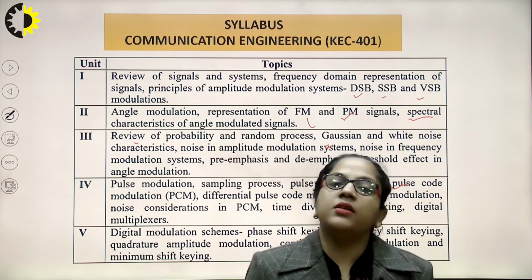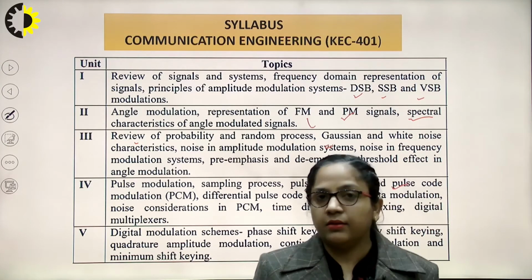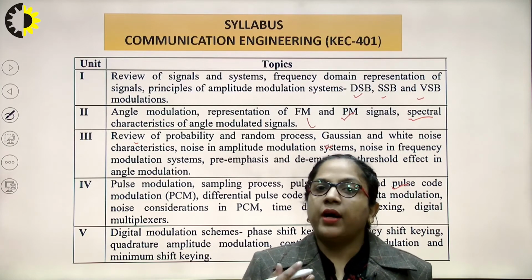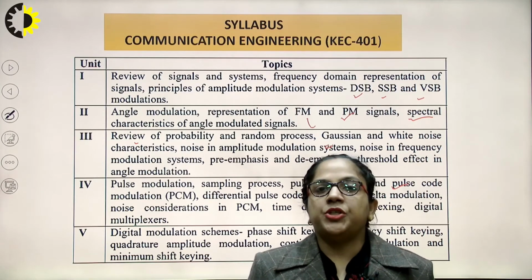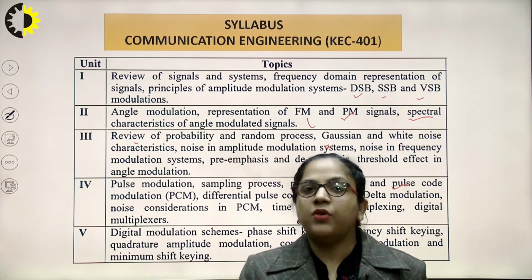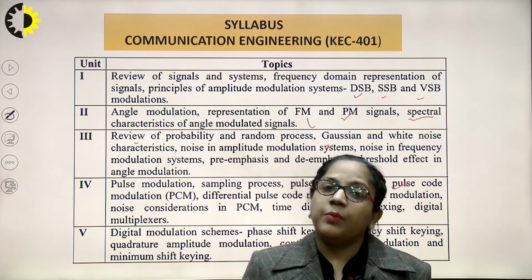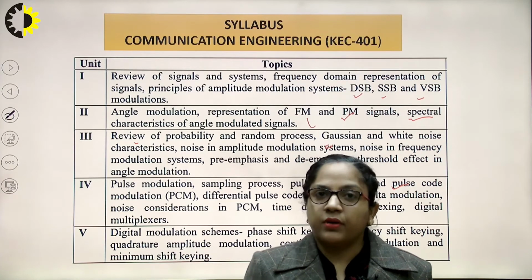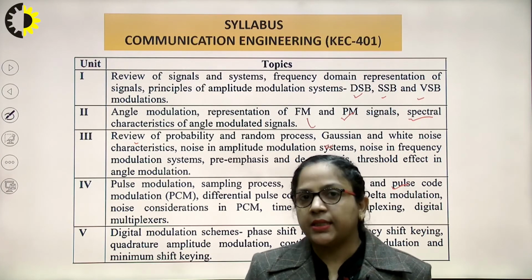Now, what is the difference between analog and digital modulation? If the information that I want to send to another place is in the form of an analog signal, then I perform analog modulation. I will prefer analog modulation at the transmitting side.